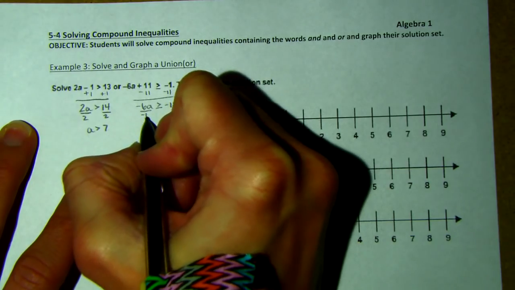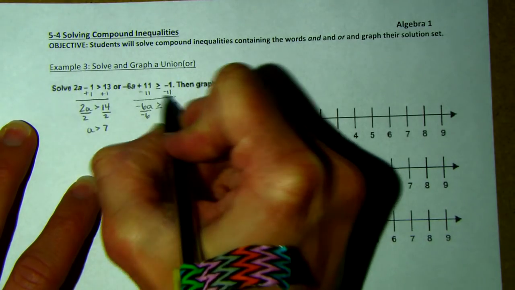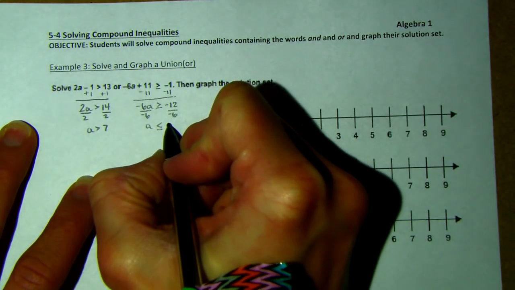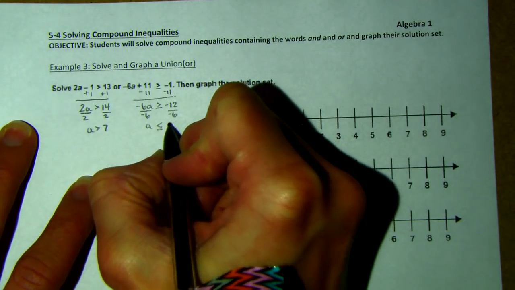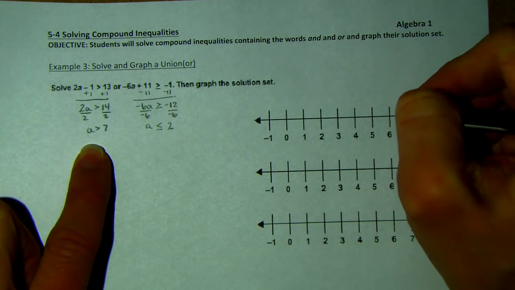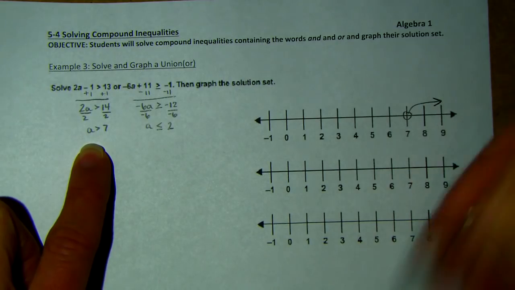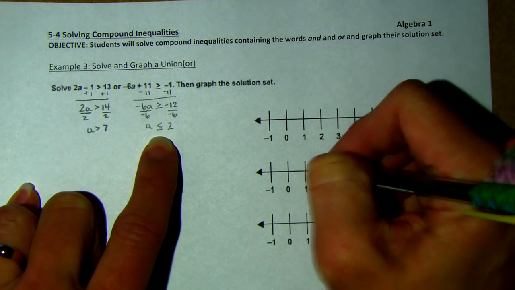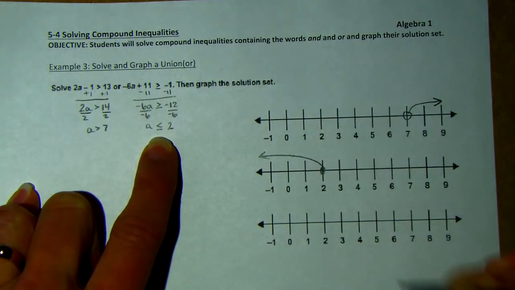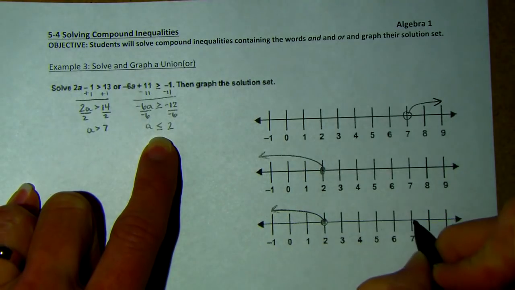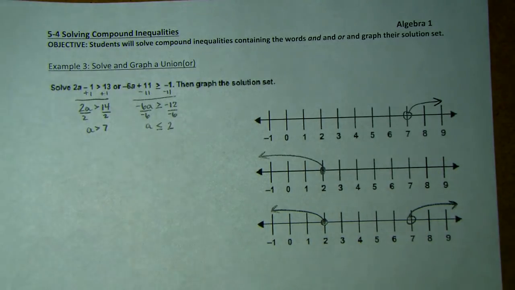And now notice when I divide here, I'm dividing both sides by a negative, so we must switch our signs. We learned that yesterday. So 2. So my first one, a has to be greater than 7. And a has to be less than or equal to 2. So my union, which includes both of them, looks like so.